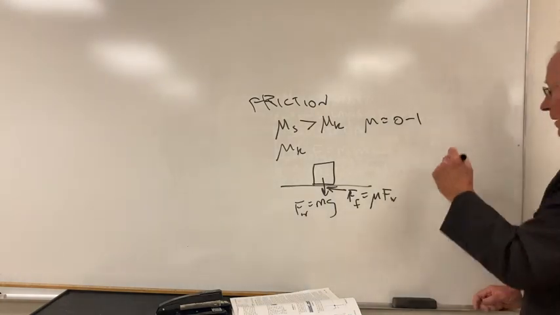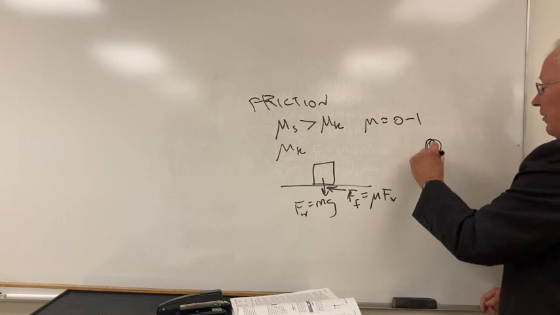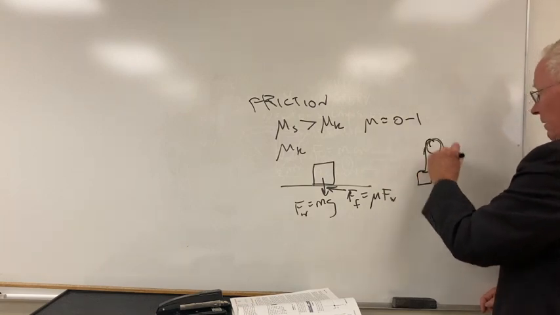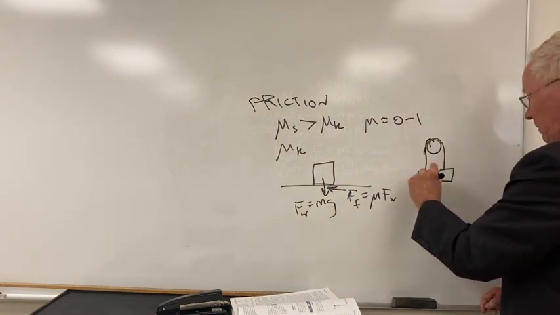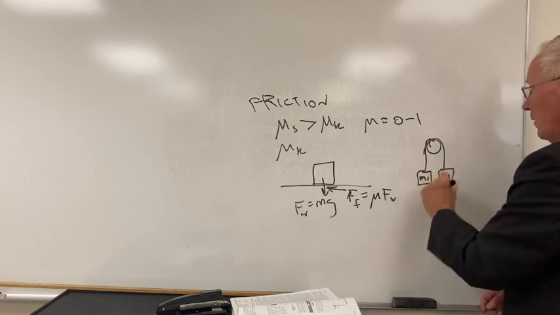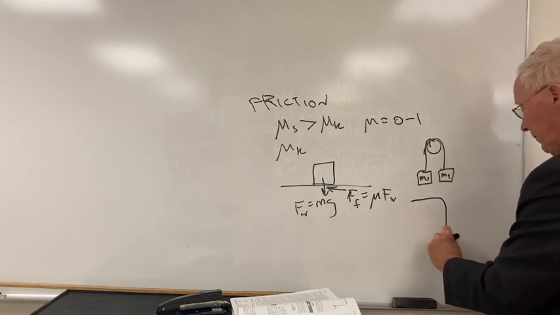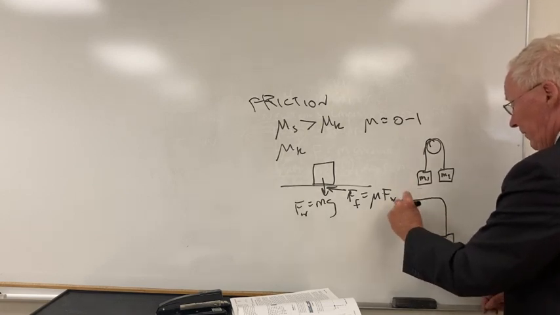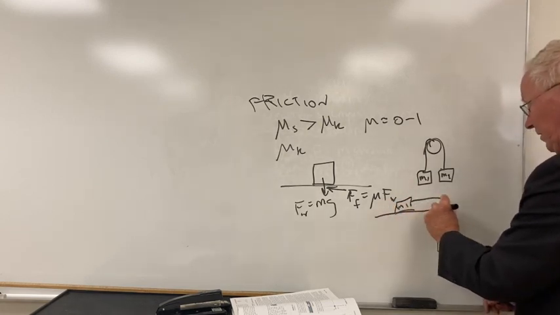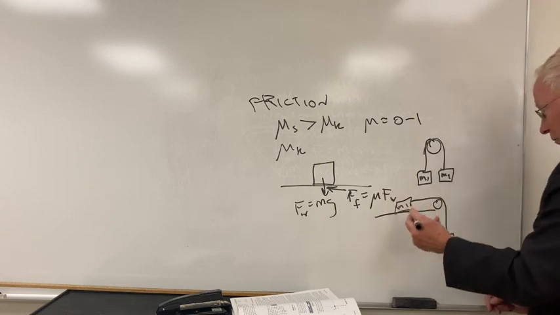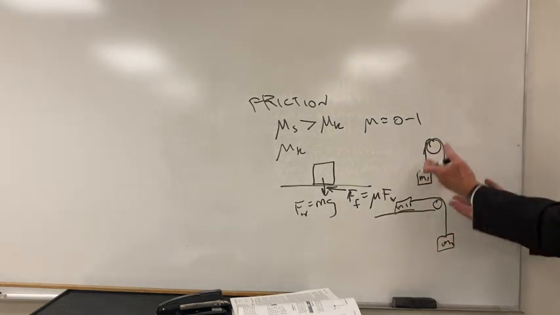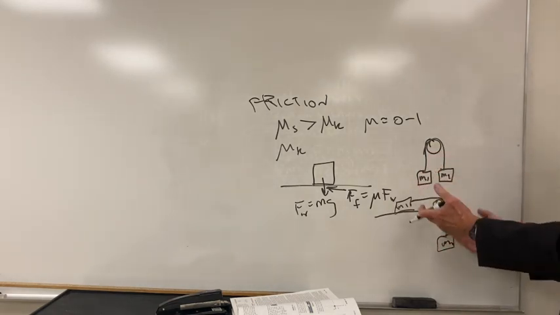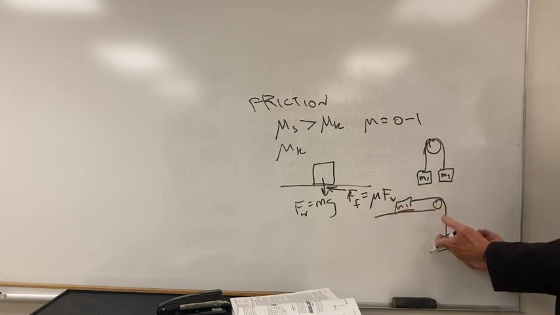And then cases of the Atwood machine, either hanging over a pulley like this, M1 or M2, or we have something like this, where M1 is on a horizontal table, and the forces are opposing each other. Only M2 exerts a force on that.